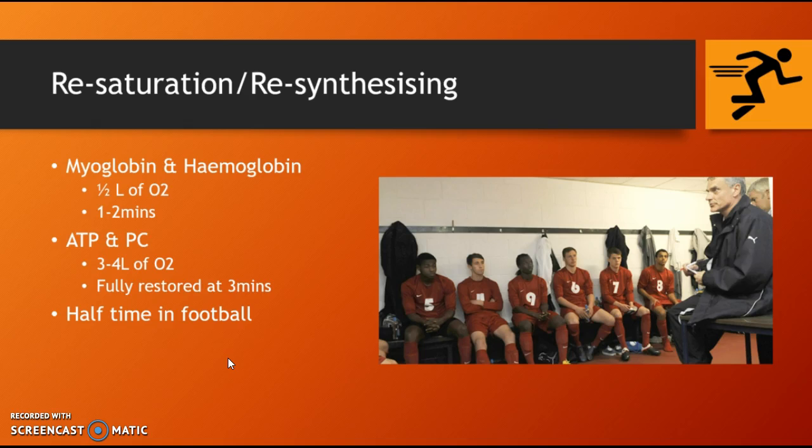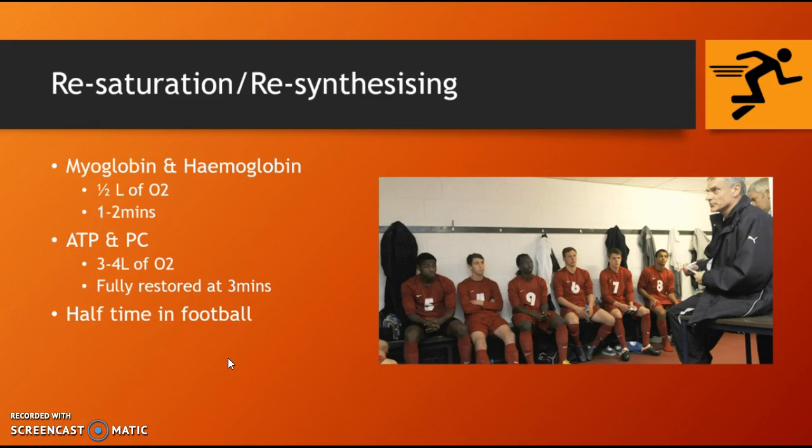So resaturation and resynthesizing then. For the myoglobin and hemoglobin to be fully resaturated, it has to use half a litre of oxygen, and this only takes 1 to 2 minutes. Whereas when we resynthesize our ATP and PC stores, we have to use 3 to 4 litres of oxygen, and they will be fully saturated within 3 minutes.